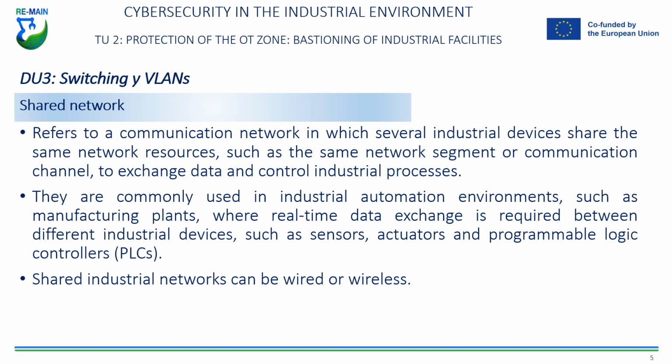Shared industrial networks can be wired or wireless and use different communication protocols, such as Ethernet, Profibus, Modbus, and others. As with shared networks in general, network congestion can be a problem in shared industrial networks, and measures can be taken to manage network traffic and improve performance.